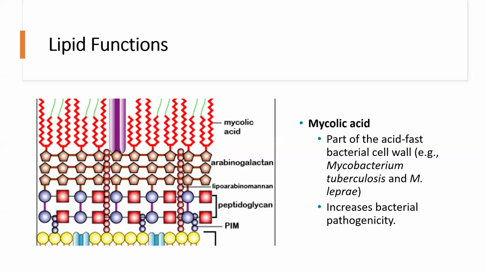We've got mycolic acid, which is this guy up here. So mycolic acid is this special part of the bacterial cell wall for mycobacteria. The big famous mycobacteria are tuberculosis and leprae. So these cause TB and leprosy. These organisms are acid fast organisms, right?